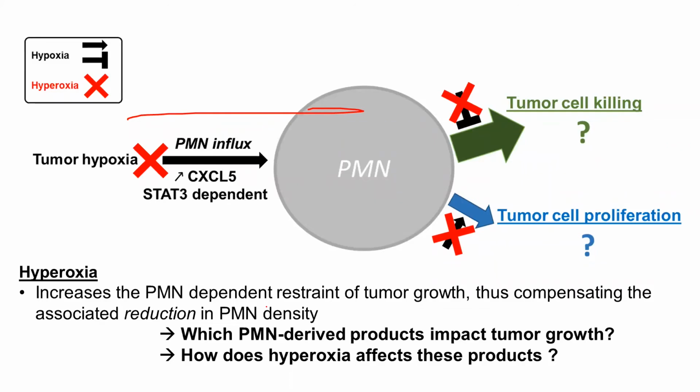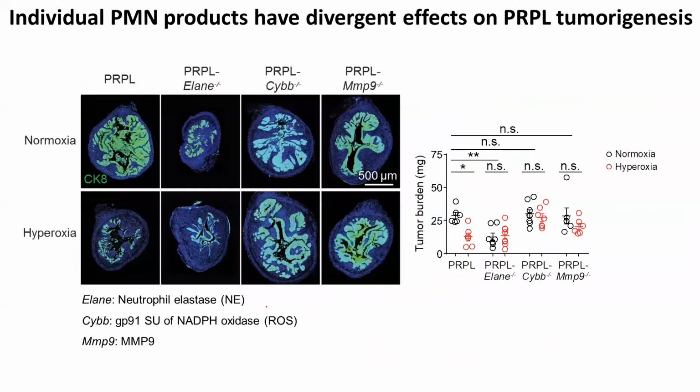So the next question was to determine which PMN-derived product may impact tumor growth, and how hyperoxia will affect this product. For that, we generated purple mice with a genetic lesion in some PMN-derived products which are known to have a role in cancer. For example, we generated purple ELANE knockout mice, purple mice lacking neutrophil elastase activity. We generated purple CYBB-deficient mice, where CYBB encodes the GP91 phox subunit of the NADPH oxidase complex.